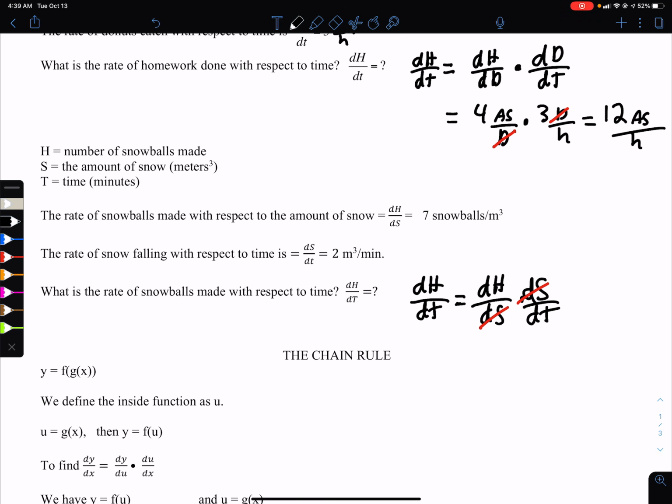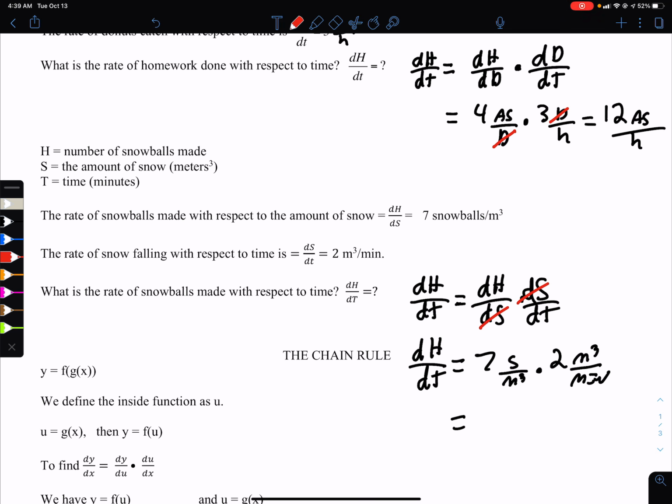So let's do that. The rate of the number of snowballs made with respect to time would be 7 snowballs per cubic meter of snow times 2 cubic meters of snow per minute.